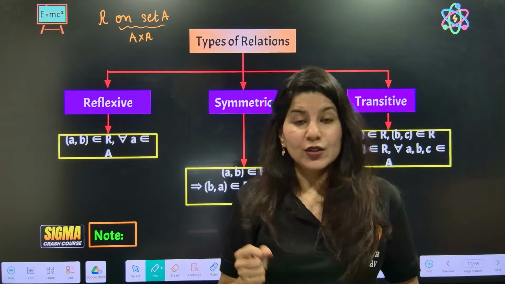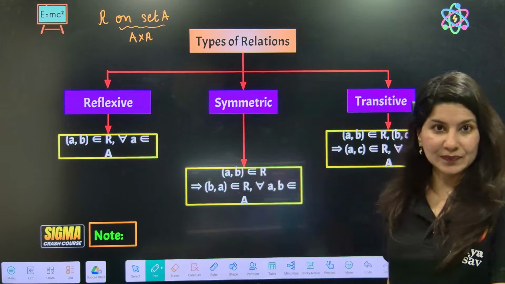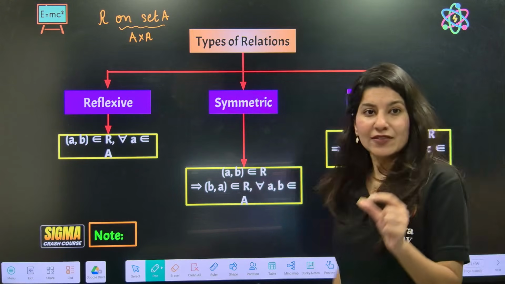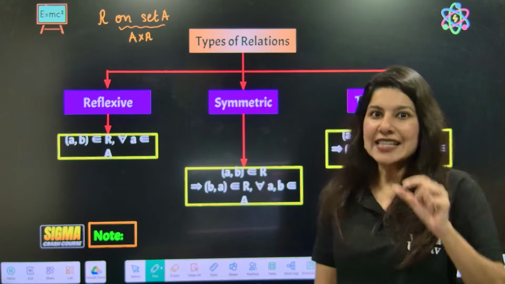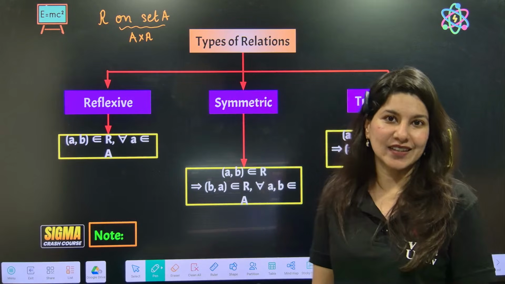Usually we see A cross B, but right now it is A cross A. That means the first set is A and the second set is also A, so the first element of the ordered pair will come from set A and the second will also come from set A.